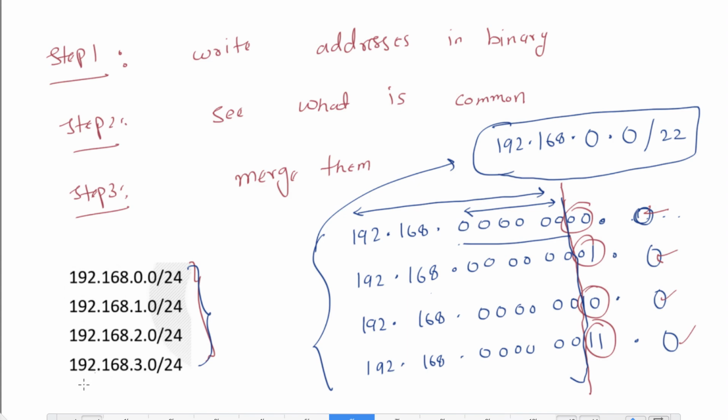Let's take one more example and try to understand this more clearly. Suppose you have one network 192.128.0.0/9, and one more network 192.0.0.0/9, and you want to merge these two networks. For that, the first step is to write this in binary.